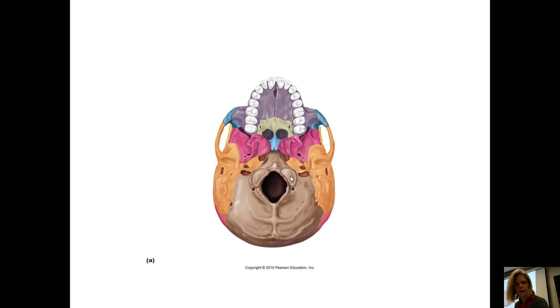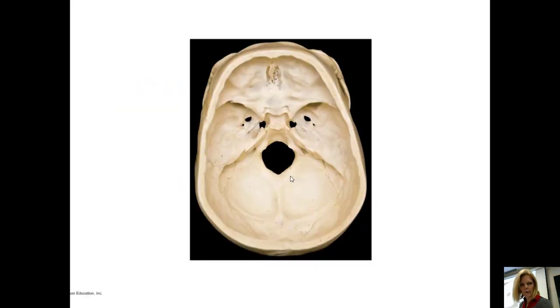Then if we look at the inside of the bone, so if you take the lid off, take the top of that skull off of your skull, and we look down inside of it like this, we see a butterfly-shaped bone, or it looks like a bat kind of here. So it forms the bottom of the eye socket, and then there's this central portion here.